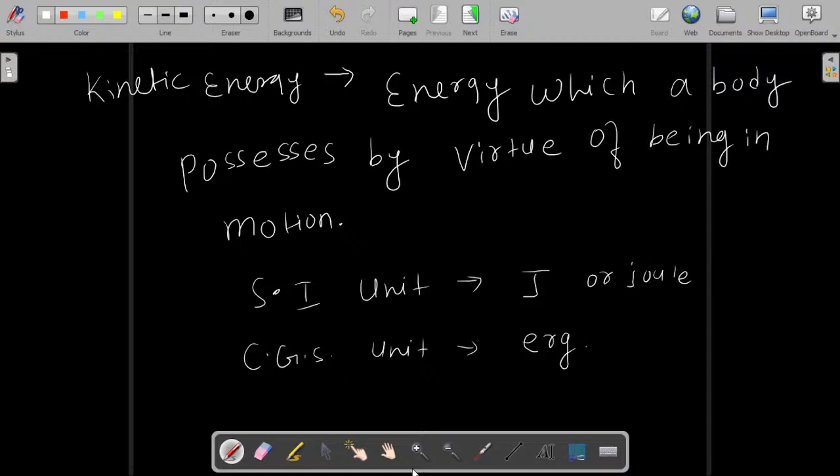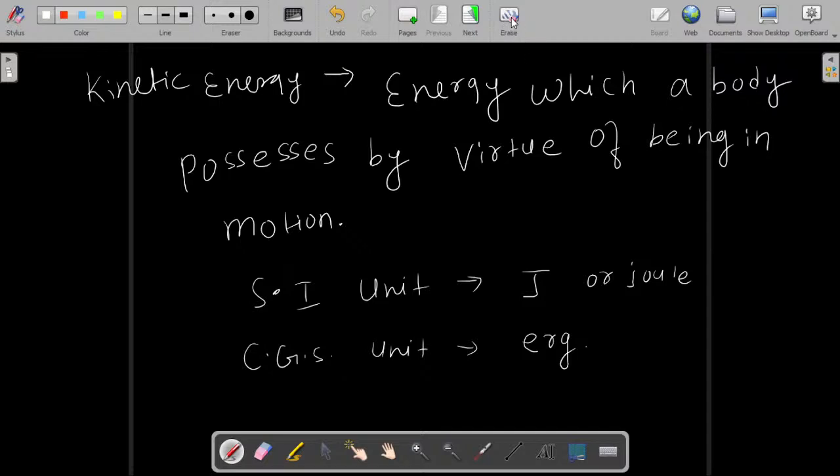And whatever work we are doing, that work is converted into kinetic energy. Here we are doing the work by moving the vehicle from u to v, that work will change into kinetic energy.